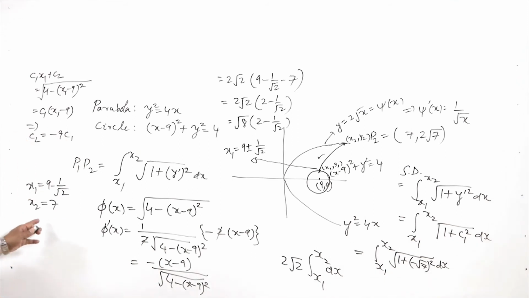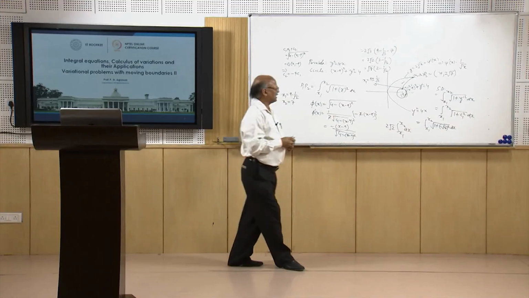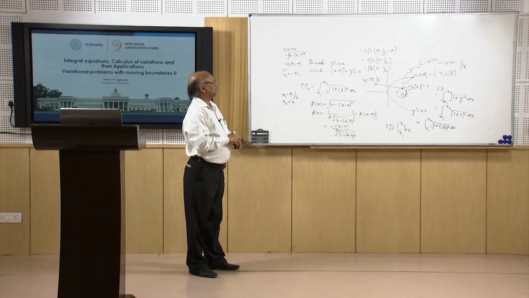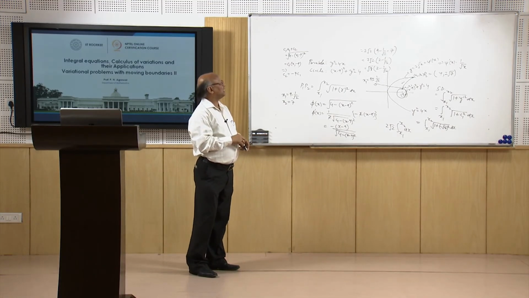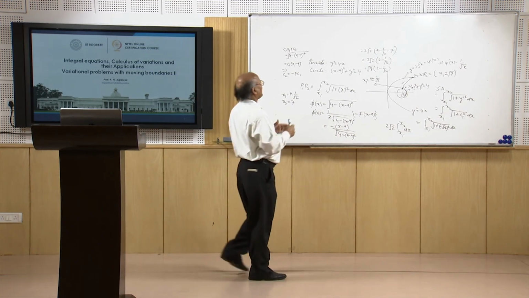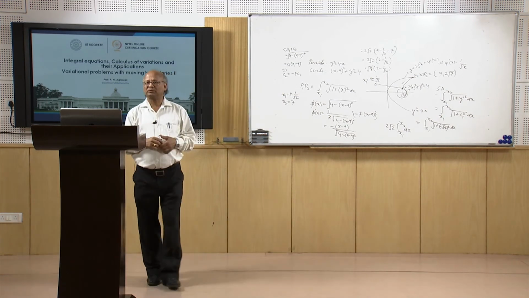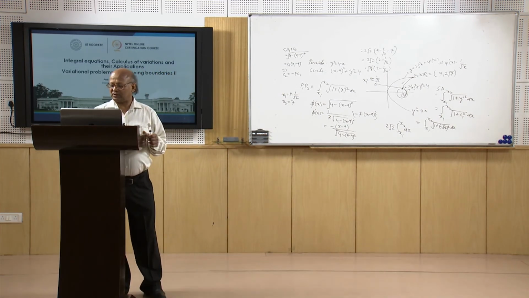This is because x2 is 7 and x1 is 9 minus 1 by root 2. So 7 minus 9 minus 1 by root 2 comes out to be negative. So we have to consider, and distance is always positive, so we have to consider 9 minus 1 by root 2 minus 7. So that will give us the shortest distance.